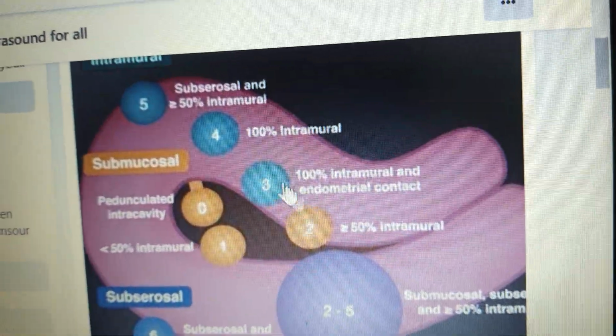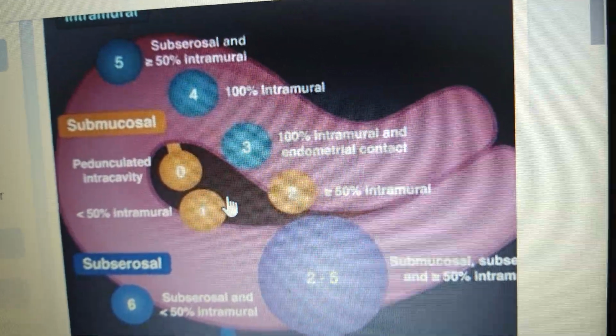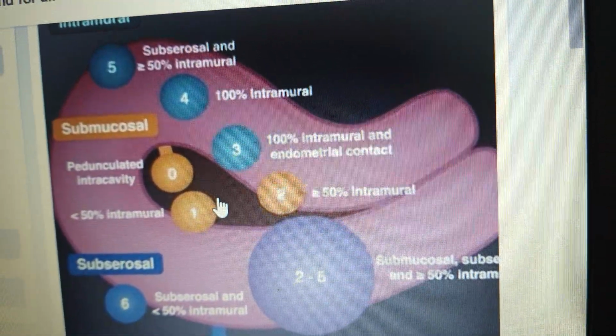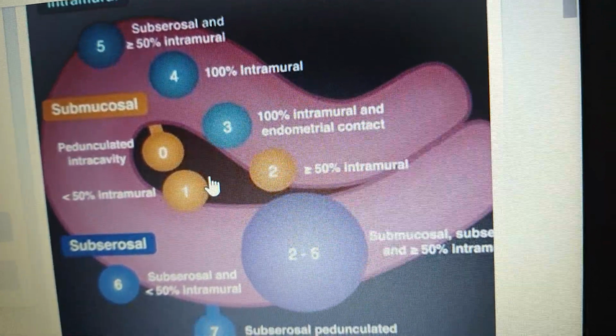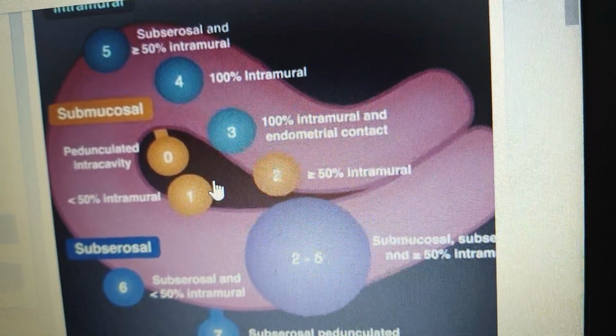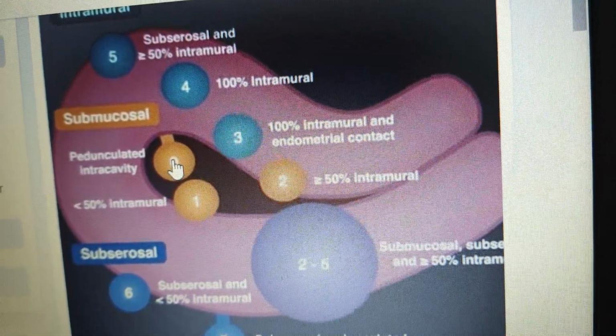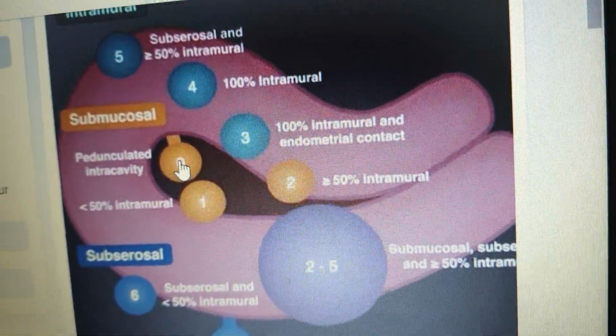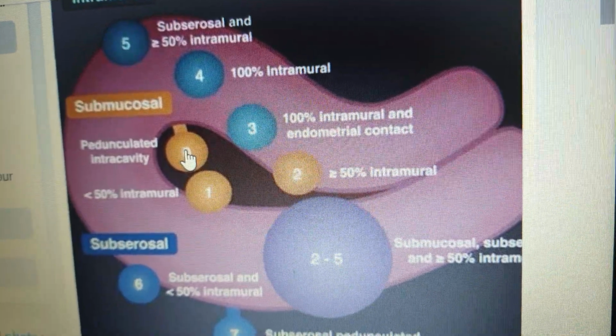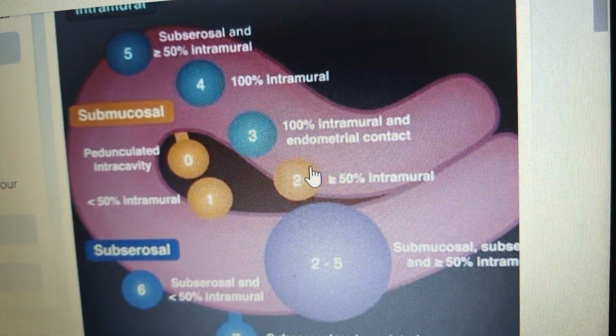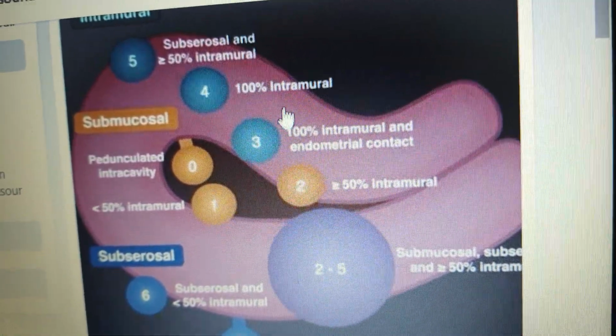Actually, the importance of this classification is mainly for hysteroscopic resection. If you are going to have an operative hysteroscopic intervention for these myomas, you should know which myoma can be resected by hysteroscopic intervention and which cannot.